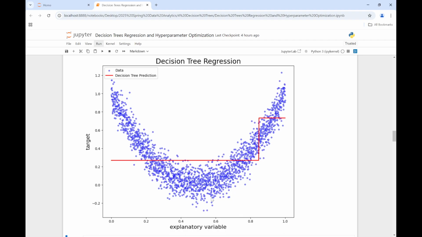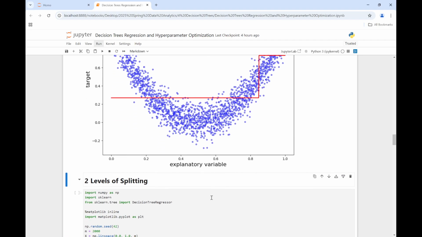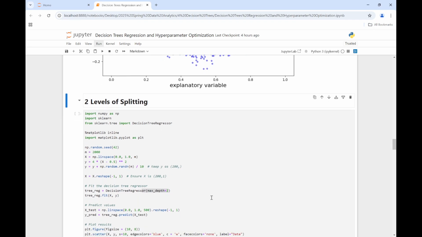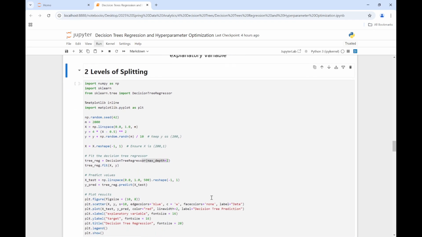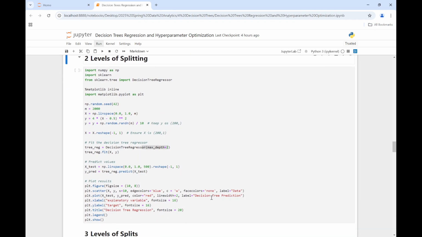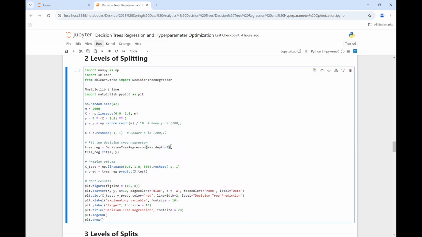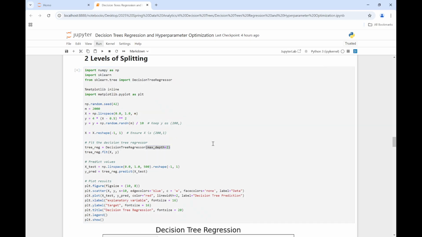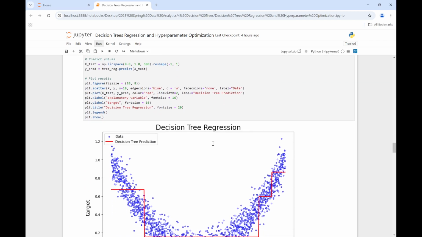So how do I increase the complexity of the decision tree? We've seen this before. I can increase the number of levels of splits. So if I were to try two levels of splits, then go through the same workflow, I'm likely to get a much better fit to the data set.